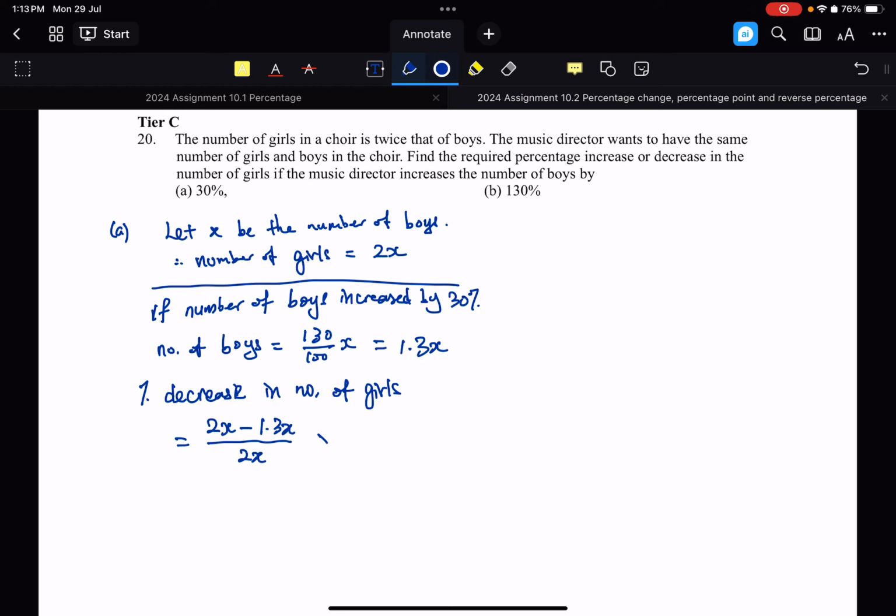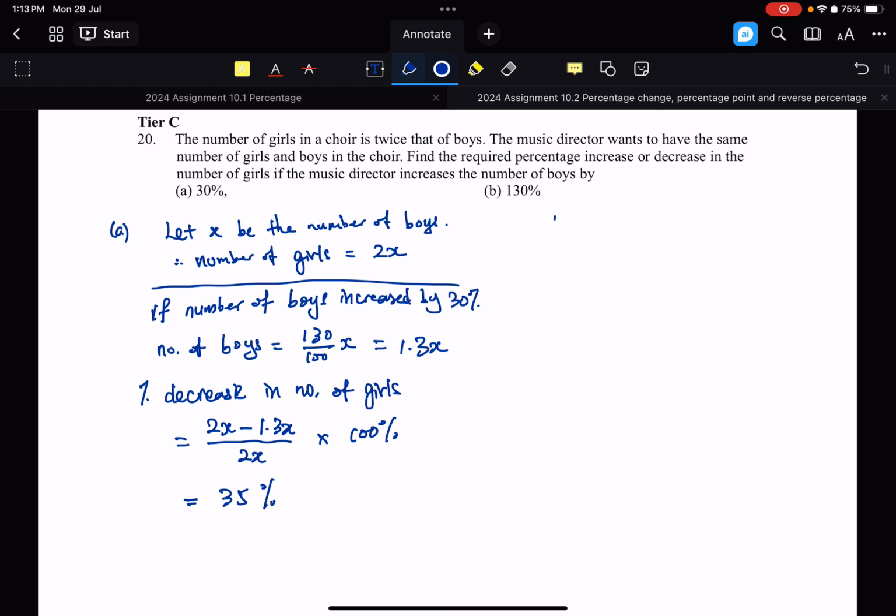So this is actually the change, times 100% because we want it in percentage. So that will work out to be 35%. So if the number of boys increases by 30%, the number of girls needs to decrease by 35% so that they have the same number of boys and girls.